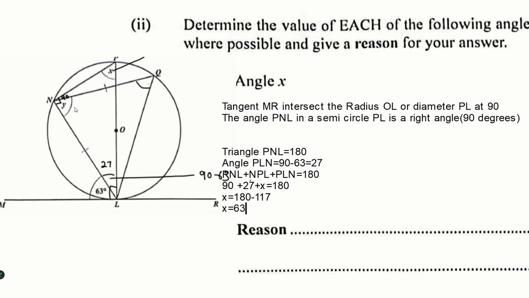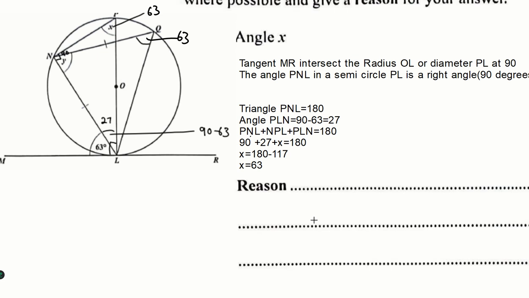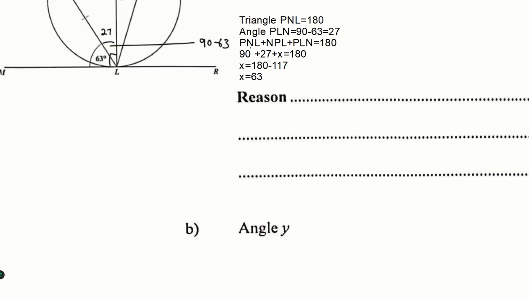Now that we know that X is equal to 63, immediately we know that if this is 63, this one would also be 63 because they are on the same chord NL and they are at the circumference, right? So you're supposed to put your reasonings here. I put it there, but that is how you would do it.